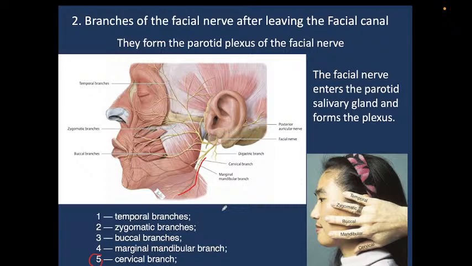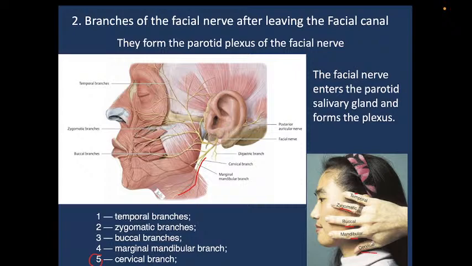This is the muscle located under the skin in the neck region as well as in the lower part of the head. You see the template shows and helps you to understand and remember the branches of the facial nerve: temporal, zygomatic, buccal, mandibular, and cervical.